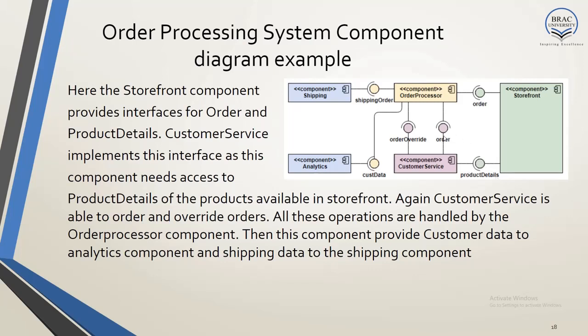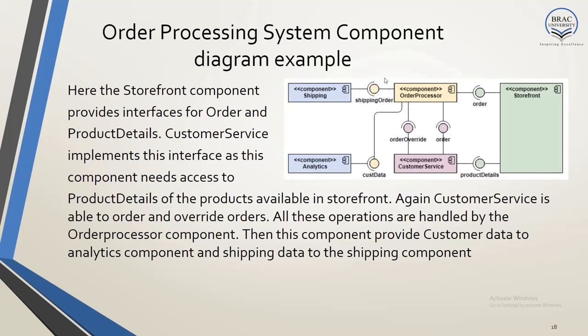Again, the shipping component requires the shipping order related interface, and the analytics component requires the customer data interface, which are provided by the order processor, because whenever this component is processing the order, it has the information related to the order, and it is providing the shipping information for the order which needs to be shipped.